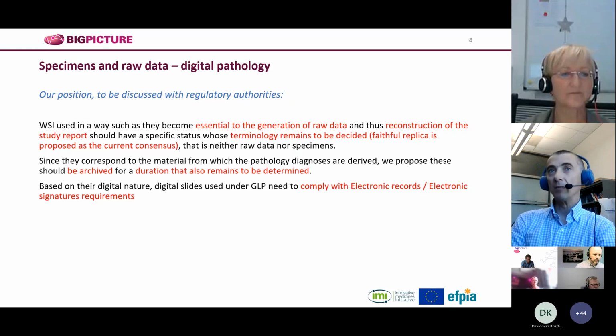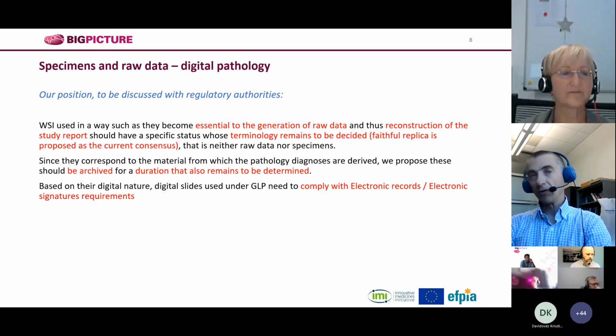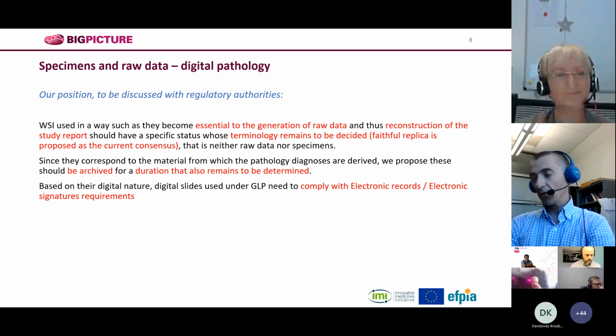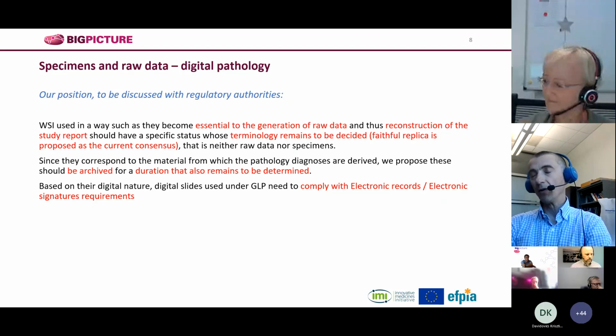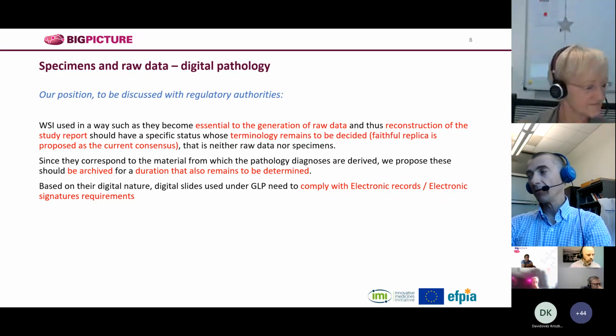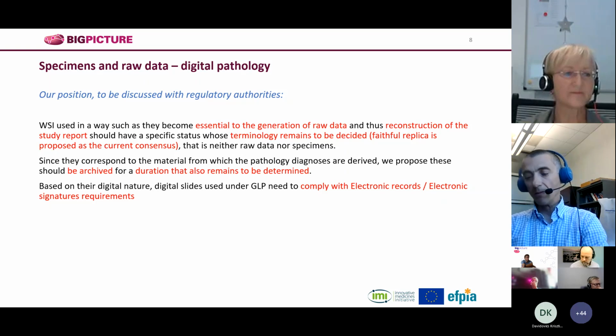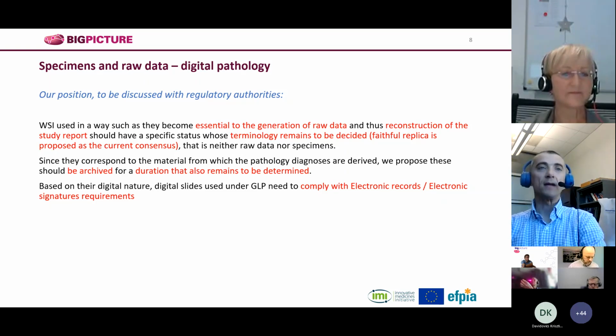So they sit in between, and there's been a consensus. There's no regulatory definition for that so far, but there's been a consensus, and the concept of a faithful replica to identify and characterize these whole slide images as neither specimens nor raw data has been put forward. So that's the first thing, and we hope to get regulatory consensus on this definition.